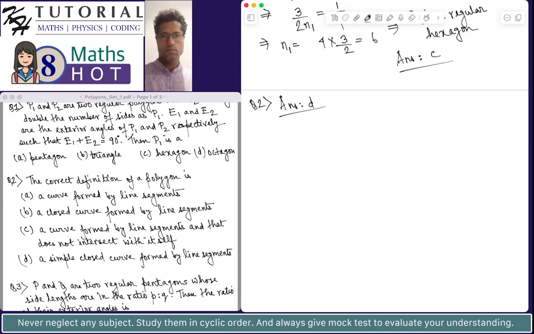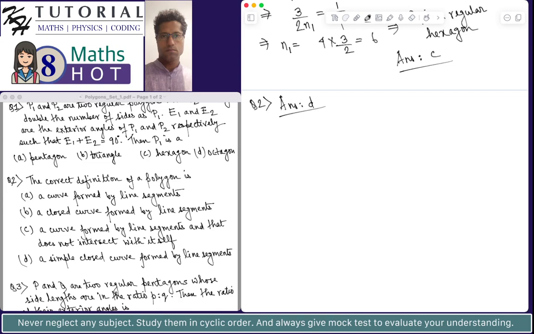Any other choices do not give a complete definition of the polygon. For example, choice A, a curve formed by line segments. No, that curve should be a closed curve, and also it should be a simple closed curve. Similarly, choice B says a closed curve formed by line segments.